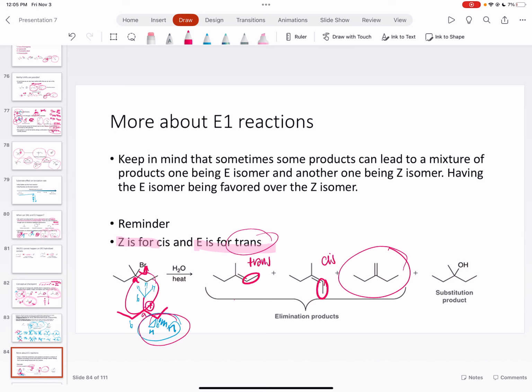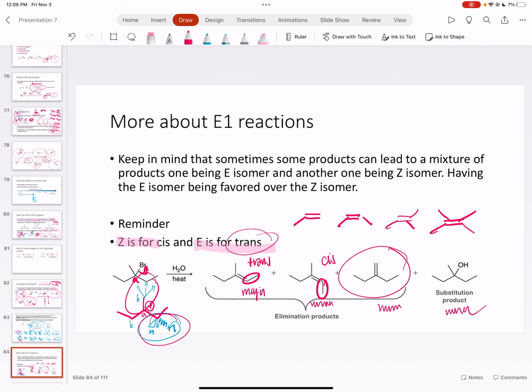Okay, let's see. And also another logic. So this one is our major product, and these ones are minor. Also, the logic is that we have things like mono substituted, di substituted, tri substituted, and then tetra substituted.